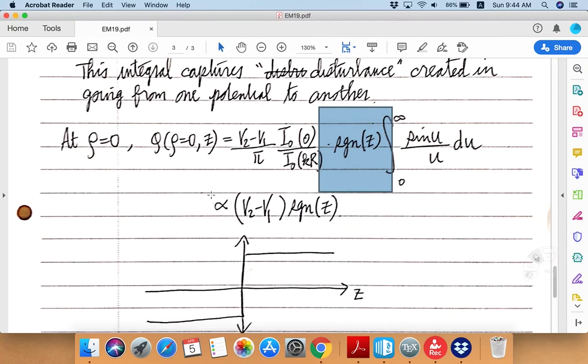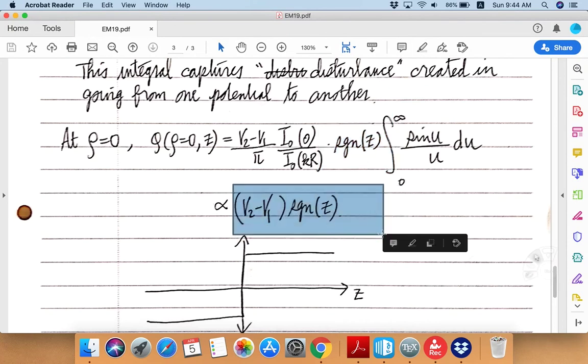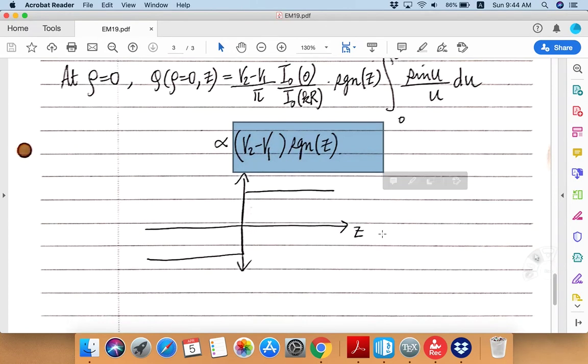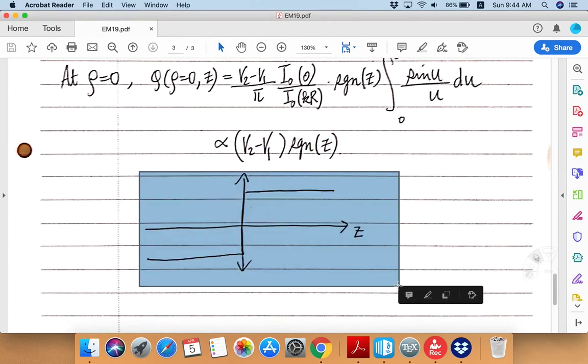The overall result of the integral is this potential difference multiplied by the step function, and on the graph it will look like that. So that's exactly what we expect as the transition behavior.